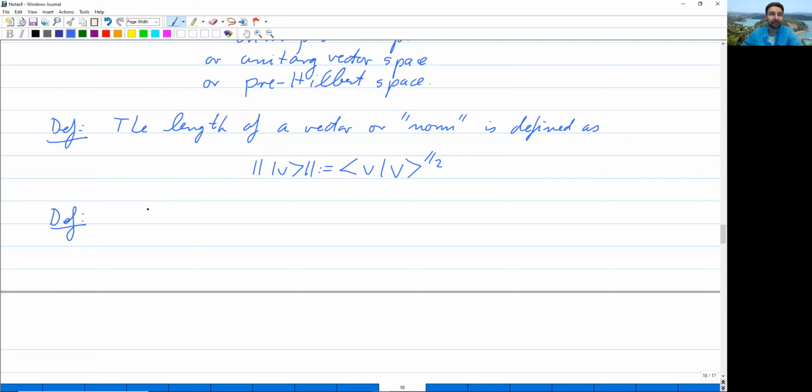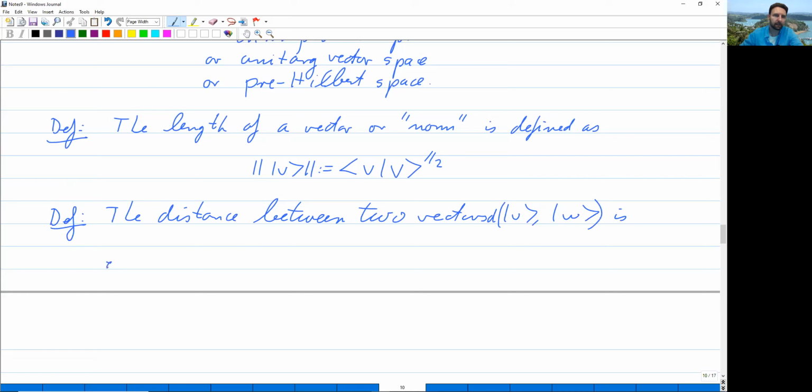Anyway, we want to define the distance between two vectors now, and for that, we use the notion of length. So we say that the distance between two vectors v and w, let's call it d of v and w, is defined as the length of the difference vector.